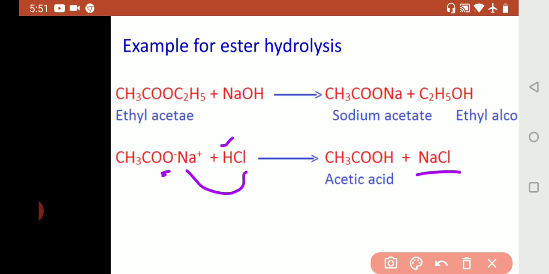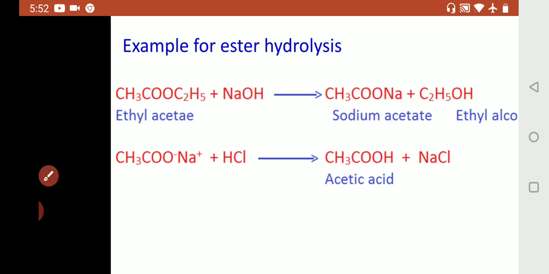If you want to write the charges here, you may write them, otherwise you can simply write CH3COONa plus HCl gives rise to CH3COOH plus NaCl. So this is what is happening in ester hydrolysis.